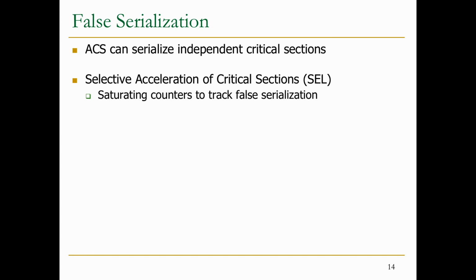They're not touching the same shared data. They're completely independent. If you had executed these in the small cores, you would execute them in parallel, because they have nothing to do with each other. But because we're shipping all of the critical sections to a single large core, now they become serialized. The large core is able to execute only one critical section at a time. This is false serialization. These do not need to be serialized.